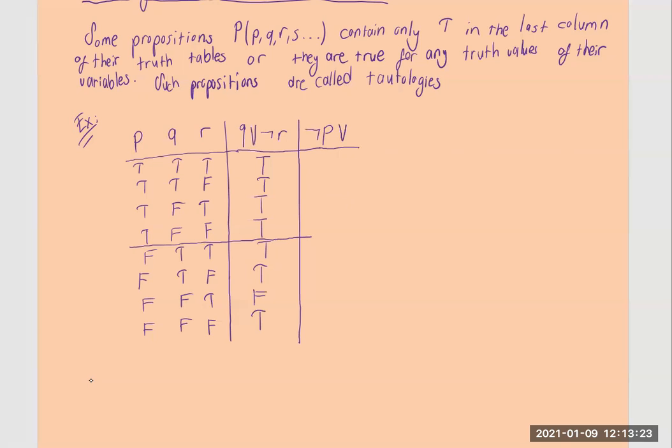And Q and not R. So we will have here all true, right? Because not P here is going to be false, false, false, false, and true, true, true, true. Then I will change here to a true.